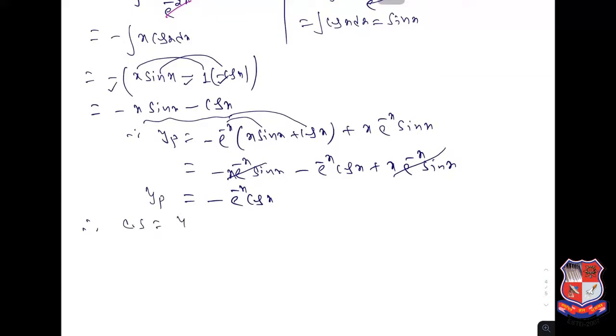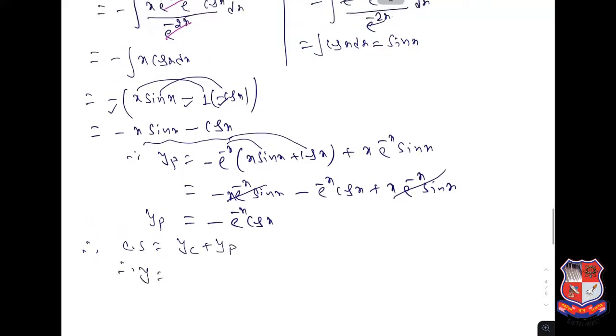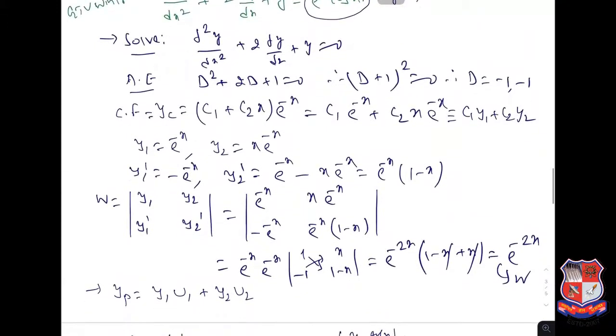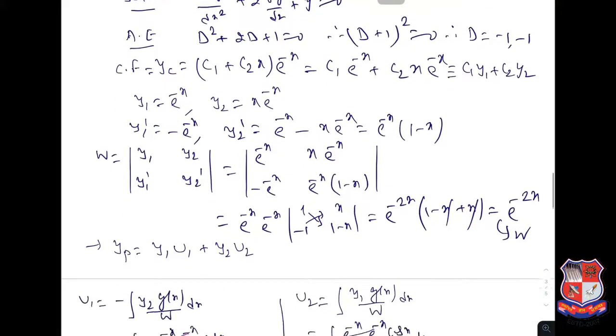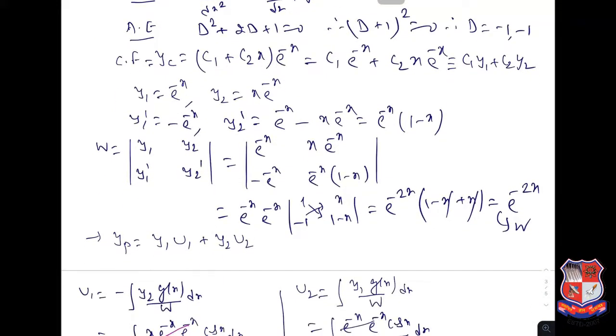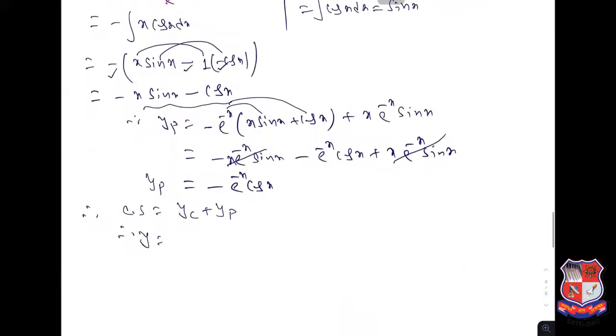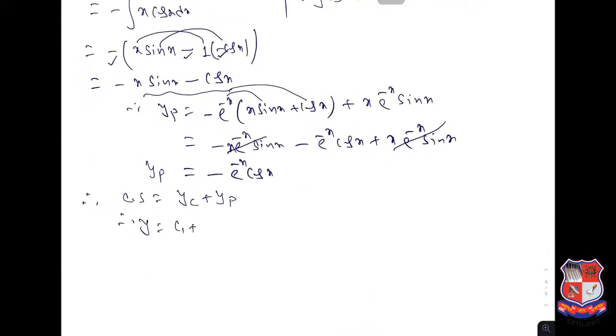The complete solution is complementary function plus particular integral. So y equal to c1 plus c2x e power minus x, and PI is this. So minus e power minus x cosine x. So that is the answer.